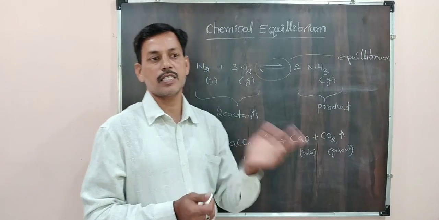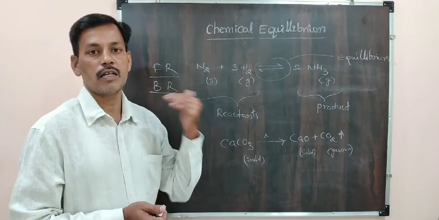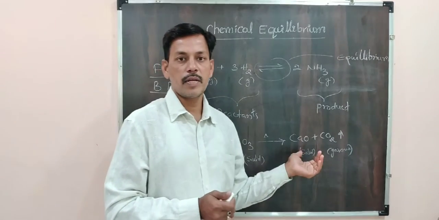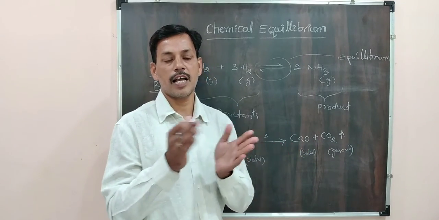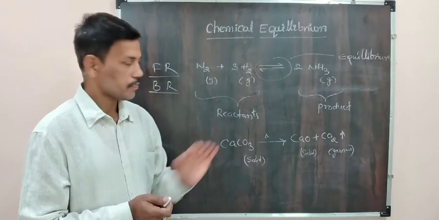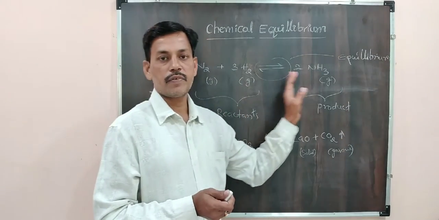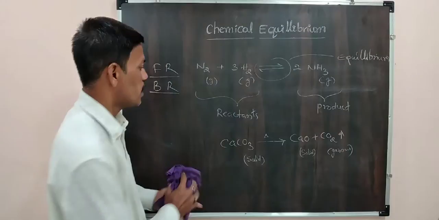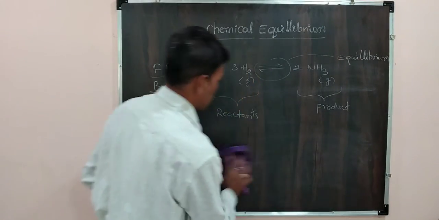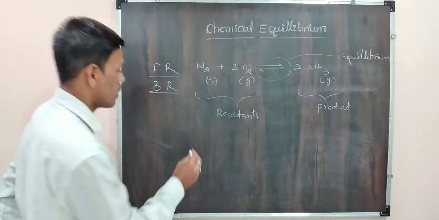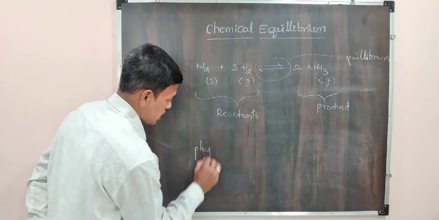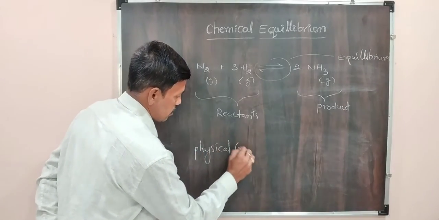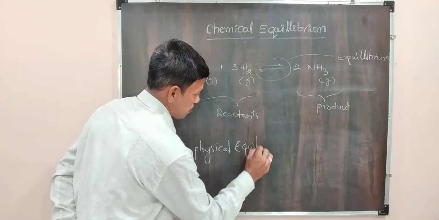If the process is chemical, it is called chemical equilibrium, and if the process is held in a physical way, it is called physical equilibrium. So let's see, friends, what is physical equilibrium.